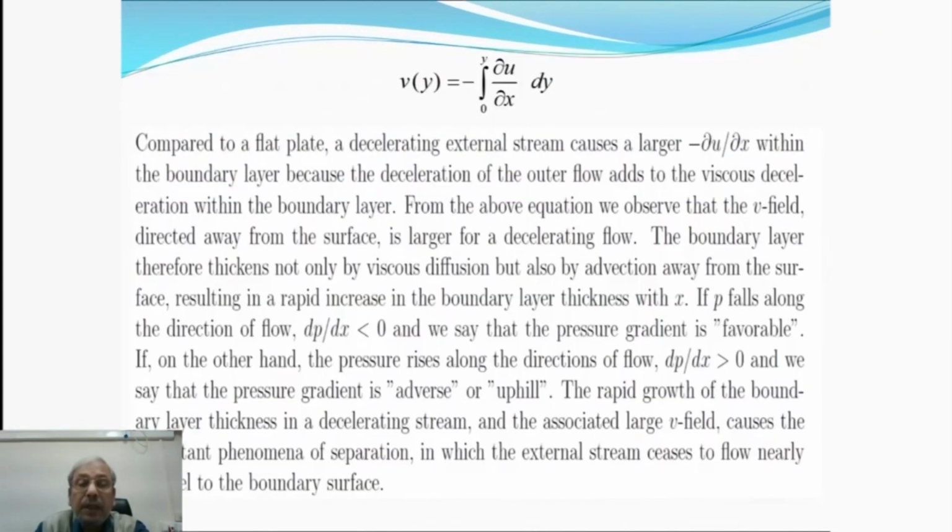Get this understanding: for an adverse pressure gradient, flow will decelerate, and this adverse pressure gradient may be such that the deceleration finally results in boundary layer separation.